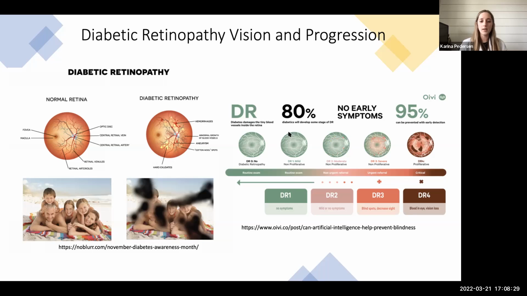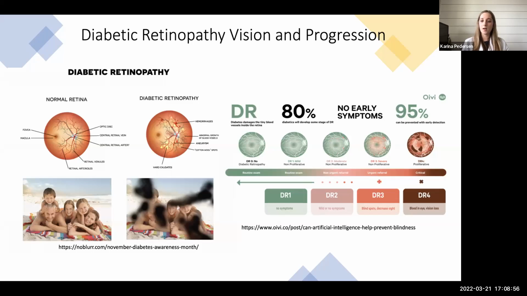On the right, it walks you through what the progression of the disease looks like. In the beginning, you could have little to no symptoms, but they would potentially be visible on eye exam, where it says DR1. DR2, again, maybe a little bit of symptoms. It's still non-proliferative, which I said is considered a less advanced form of disease.